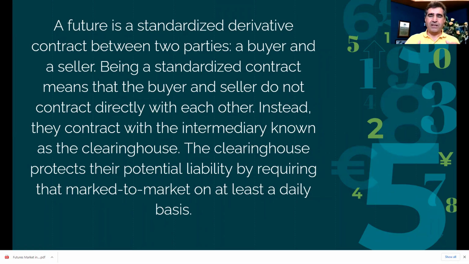It brought the legal documents and standardized them. This way there would not be miscommunications. People will abide by the rules. And this clearinghouse basically covers the potential liability, usually by calculating the mark to market, looking at every day what the price was. So there would not be any misunderstanding between the two parties.